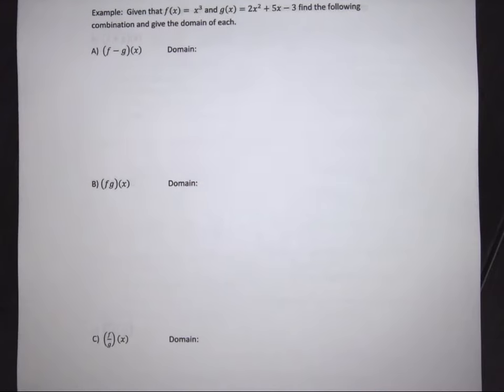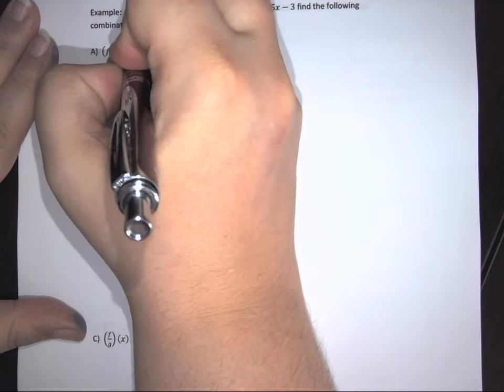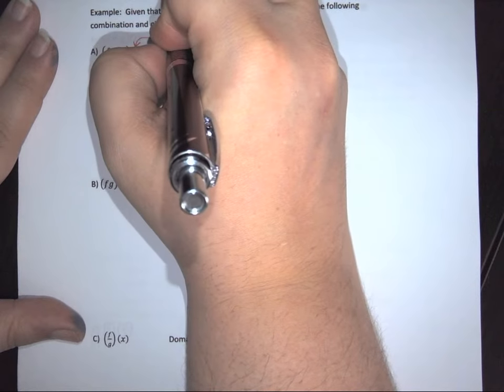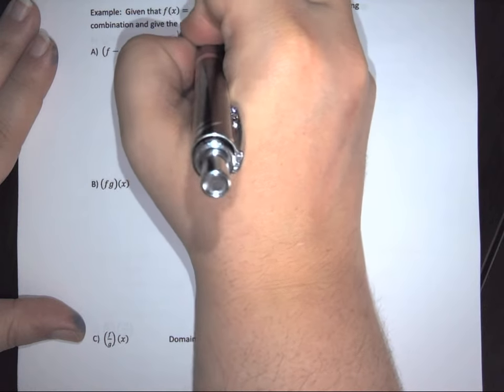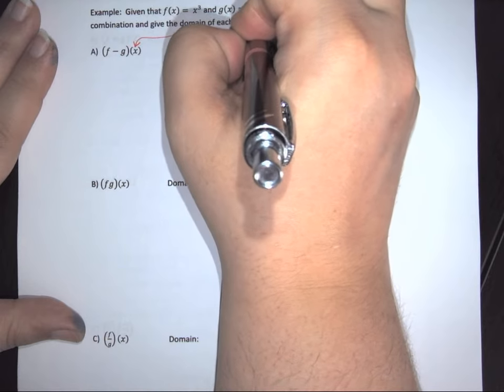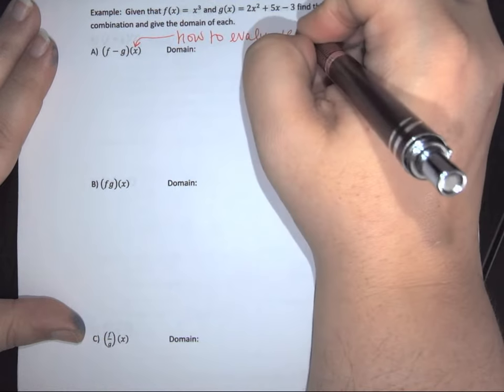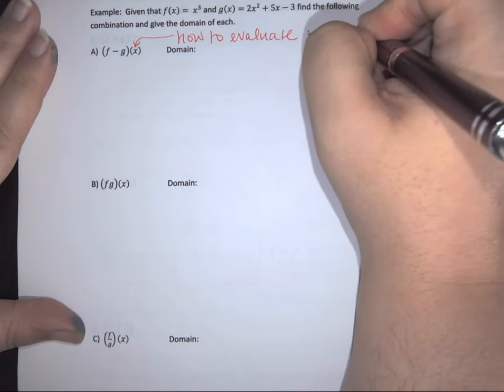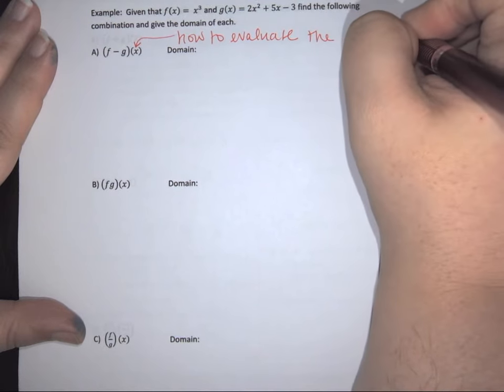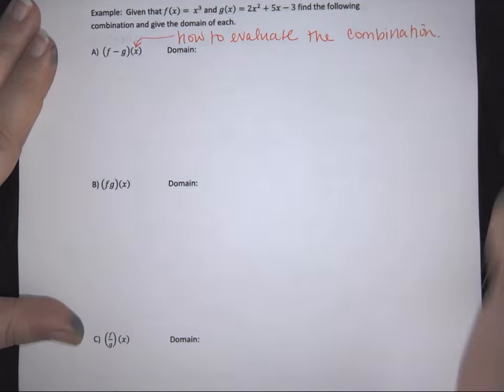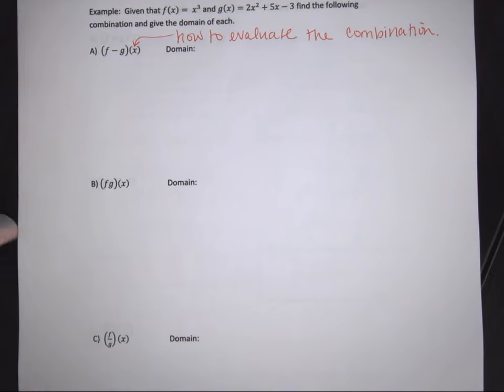What you have to remember here is that this part tells you how to evaluate the combination. Here we're not inputting any numbers, we're just evaluating by x, therefore you will get an expression as your result.